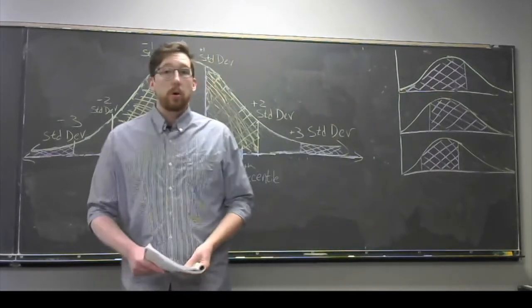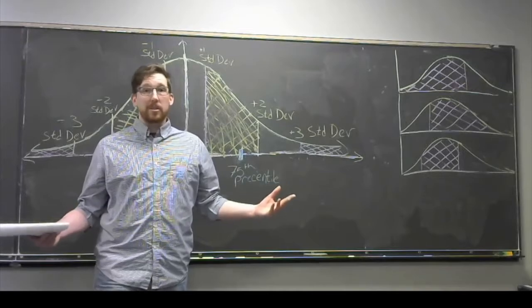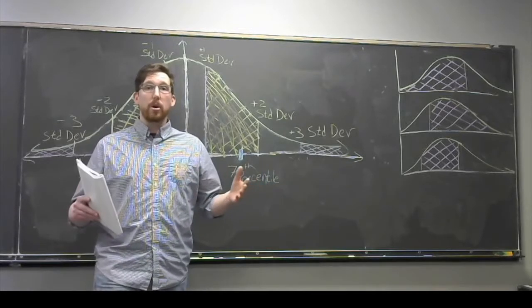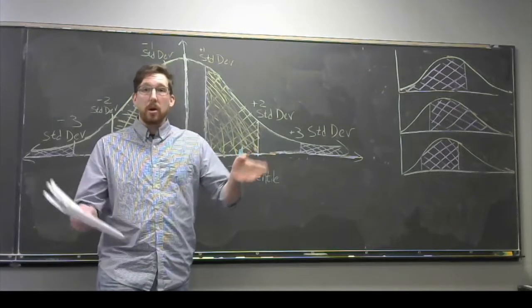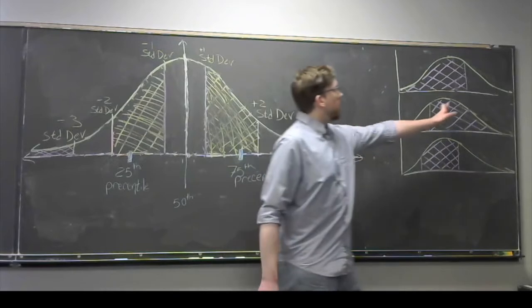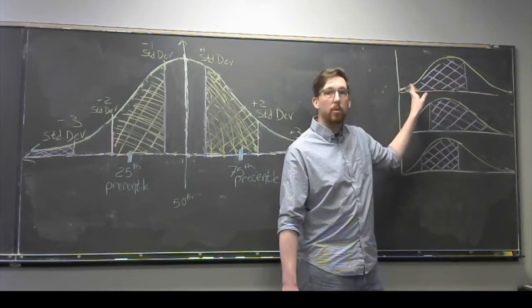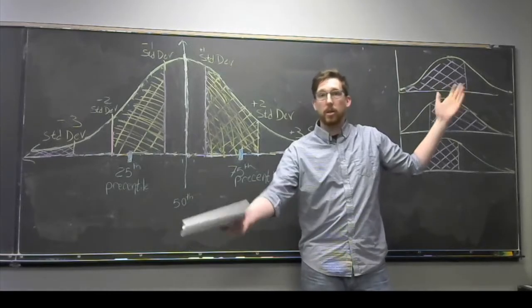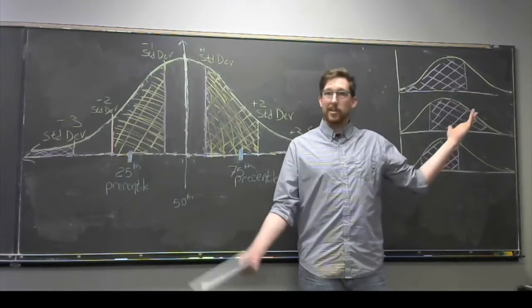Moreover, we might be asking ourselves, okay, what if I am given a z-score, and I want to know what percent of data falls to the left, to the right, or inside of it? If we want to know how much data lies to the left, then we just use that table and whatever the percentile is, that's the answer.